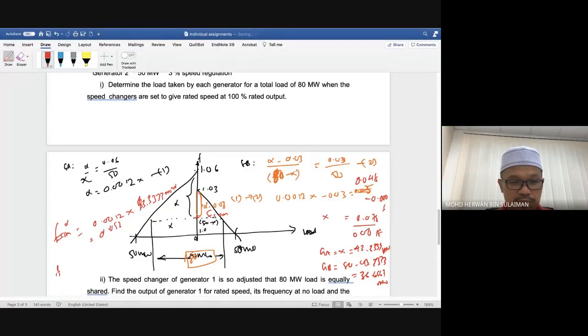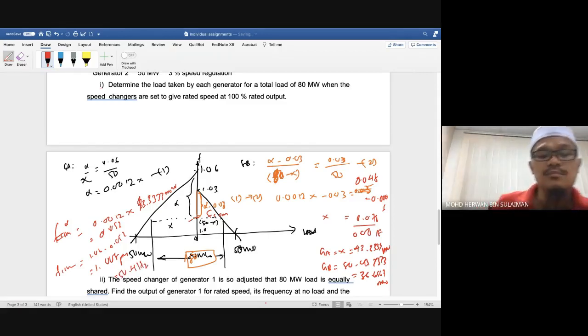So your Fcom equals to 1.06 minus 0.052. So basically your Fcom here is at 1.008 per unit. And then you times 50. You got the common frequency 50.4 Hertz.